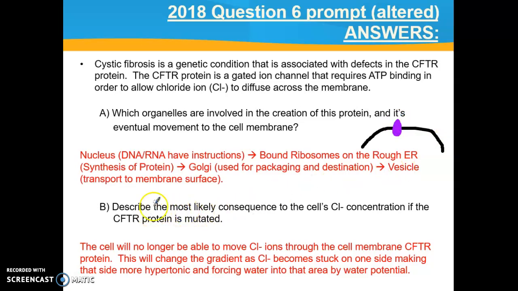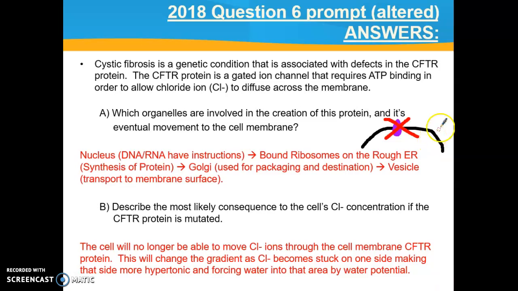Part B now is going to bring in some active transport questions. If cystic fibrosis comes about because we don't have this protein, or it's not functioning, what's going to happen to the chloride concentration in the cell? If we can't move chloride ions, this is going to stop chloride movement and it's going to get stuck on one side, making one side more hypertonic.